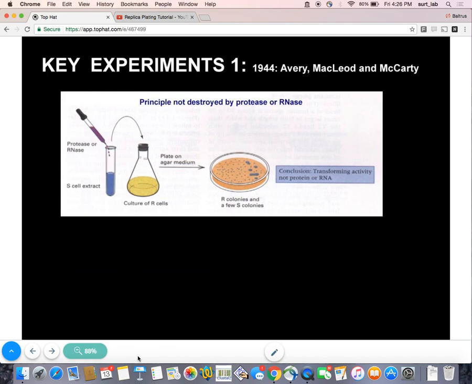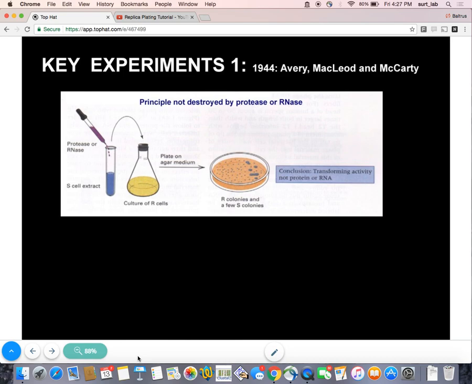Then he tried to figure out what the transforming principle was by putting in proteases. Proteases are enzymes that degrade proteins. So if you put those into the mixture of S cells that's heat-killed, all the proteins are going to be destroyed, theoretically. When you do that with proteases, you still get smooth cells showing up after the transformation.